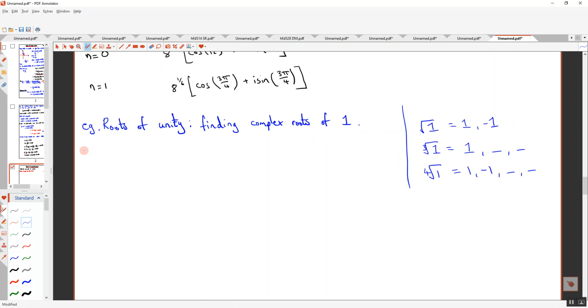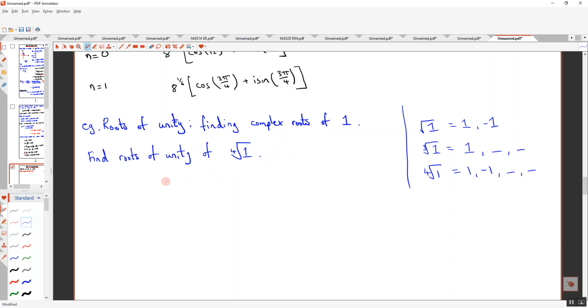So let's find the roots of unity of 1. Let's do the fourth root of 1.